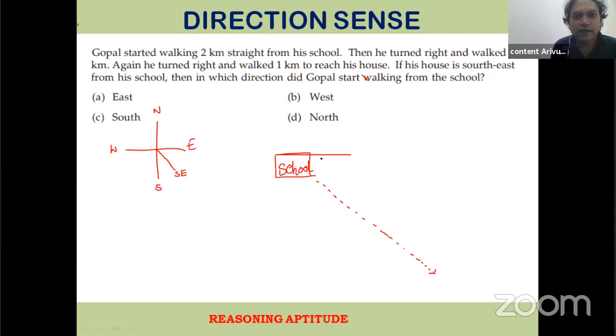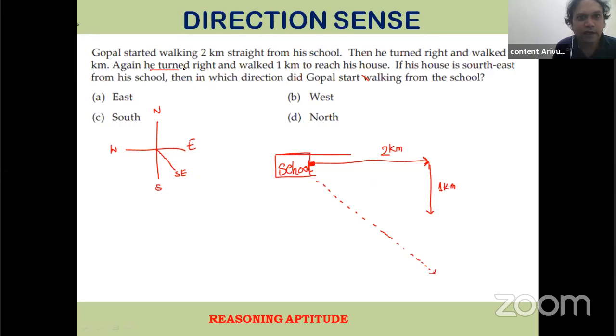So if he started walking 2 kilometers straight from his school like this, he went 2 kilometers straight, then he turned right. Now if you're going towards east, and you turn right, you'll go down. He walked 1 kilometer down. Again, he turned right and walked 1 kilometer.